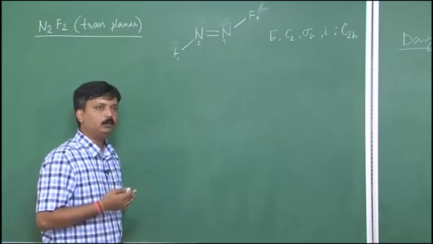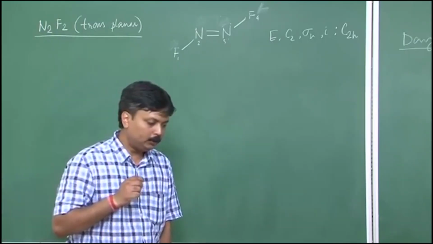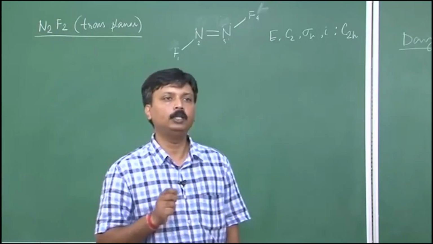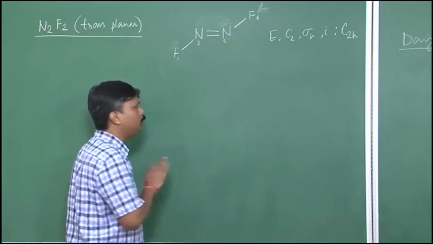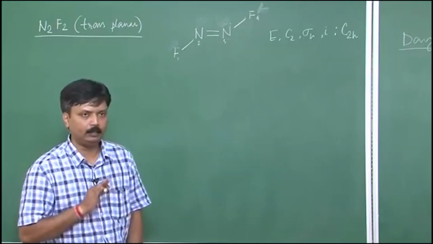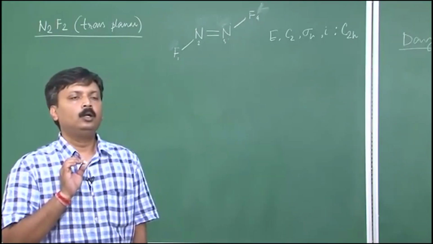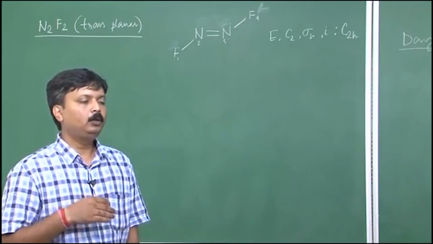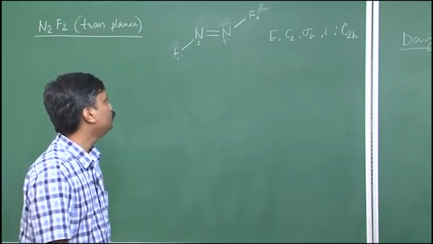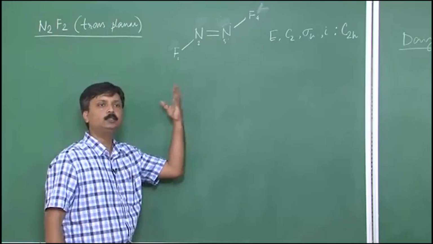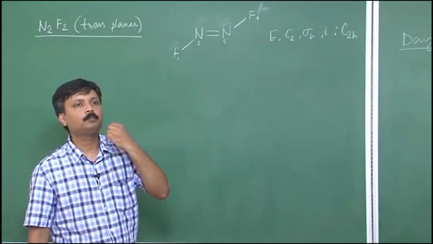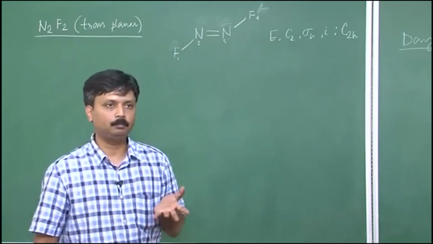Next, what are we supposed to do? Next we have to find out the representation for this particular point group, and we have to choose a basis set for doing that. In these cases, when we want to deal with molecular motion, we generally choose the 3n Cartesian coordinate system on each and every atom.